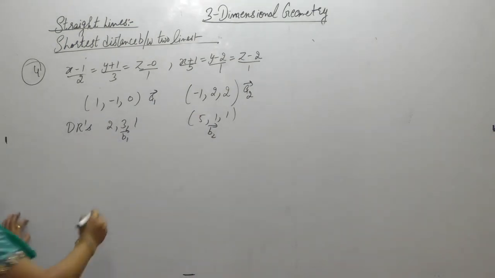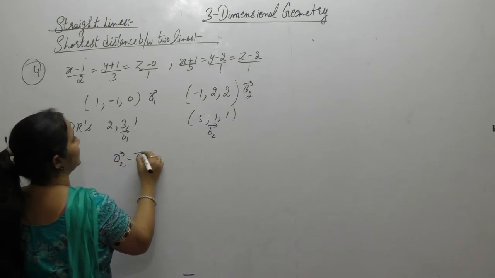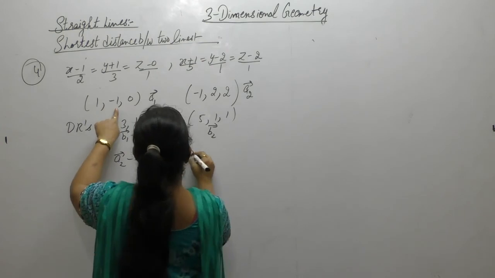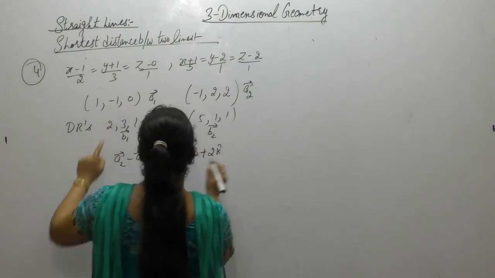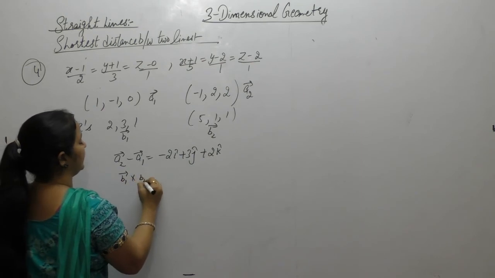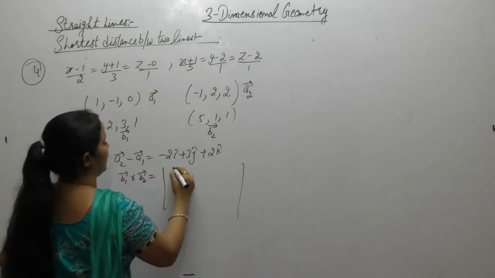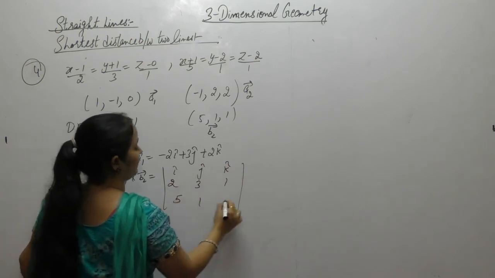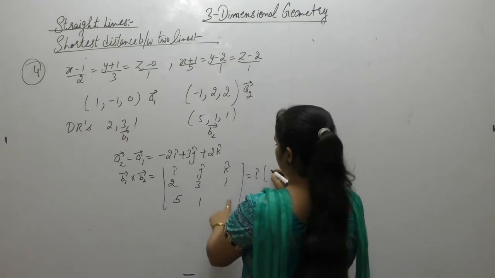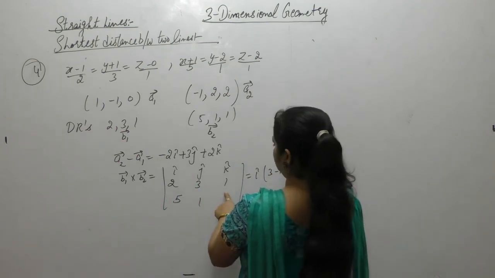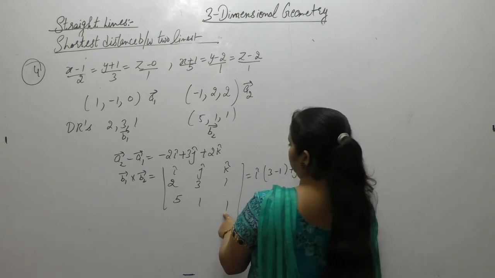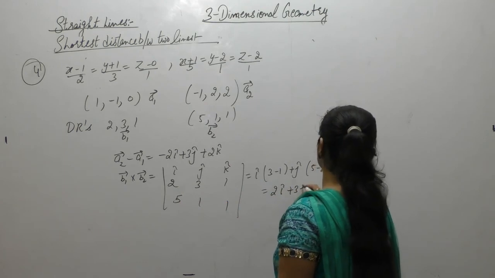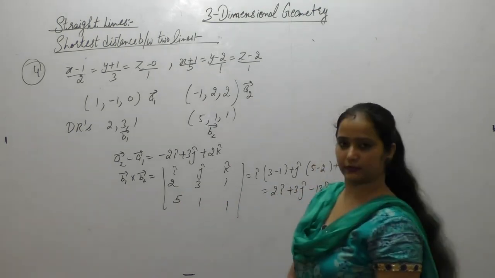Clear? Now find the value of a2 vector minus a1: minus 1 minus 1, 2 plus 1, 2 minus 0. Now b1 vector cross b2 vector: i, j and k, 2 3 1, 5 1 1. So 3 minus 1, 5 minus 2, 2 minus 15. So 2i plus 3j minus 13k.